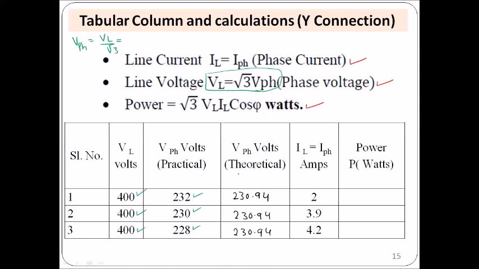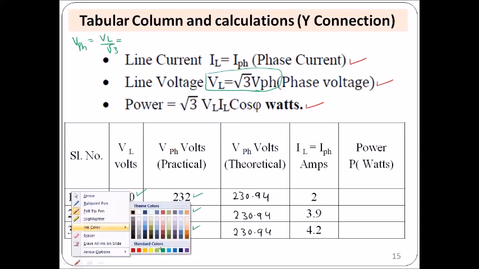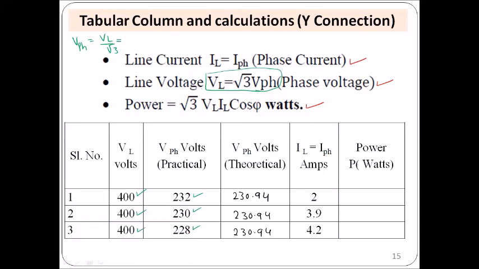Similarly, you have to calculate power. The expression for power is given over here, that is root 3 VL IL cos phi. So you have to use this formula, that is power P is equal to root 3 VL IL cos phi.